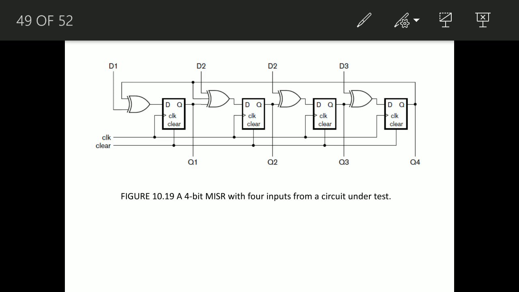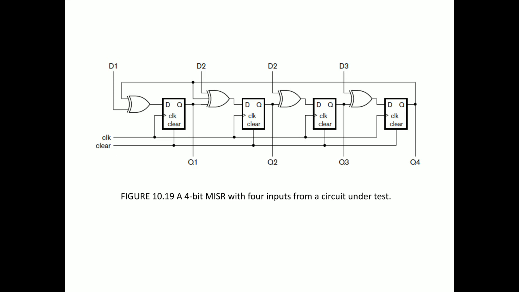In this, each of the inputs is obtained from the output of an XOR gate. How are we getting it? One input will be the parallel input. Each flip-flop gets one direct input.